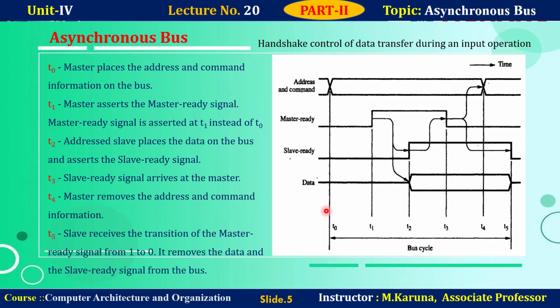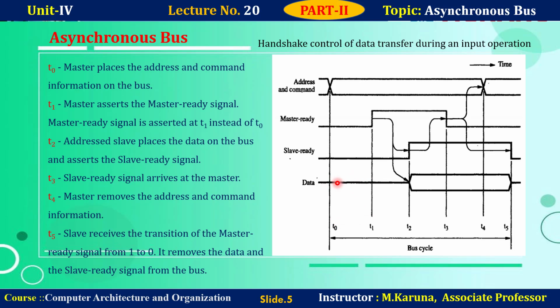At T0, the master places the address and command information on the address command bus, and all devices on the bus begin to decode this information. At T1, the master sets the master ready line to 1 to inform the I/O device that the address and command information is ready. Here there is a delay between T0 and T1.